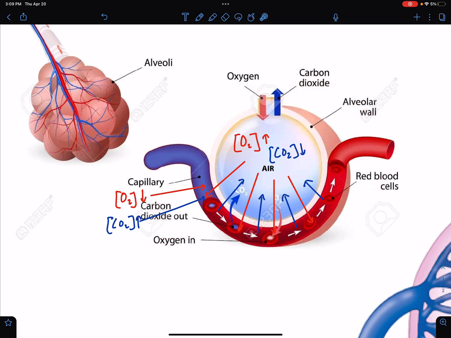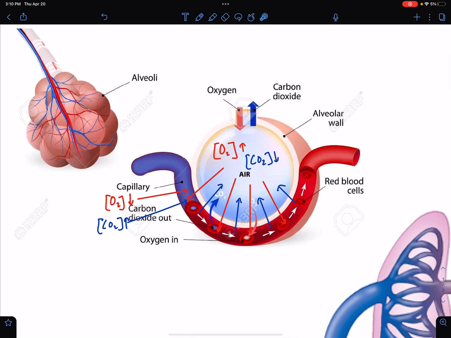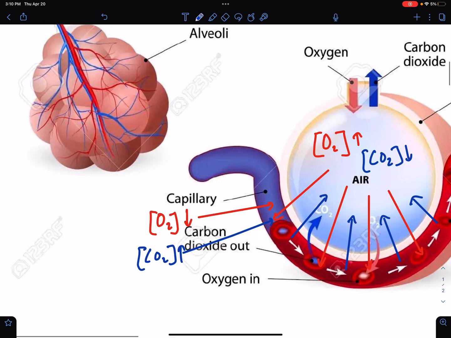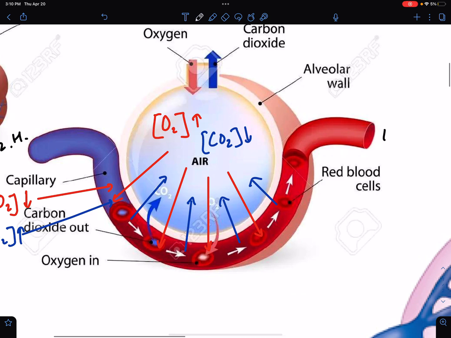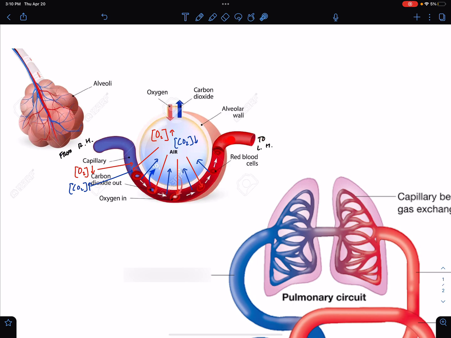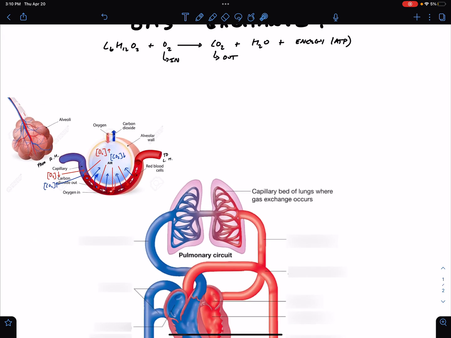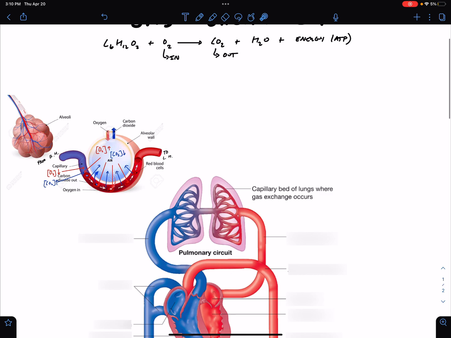These molecules move from an area of high concentration to low, and gas exchange happens. So when the blood leaves the capillary network of the lungs and goes back to the heart, so this is from right heart, and this is to left heart, now it is full of oxygen, and it doesn't have very much CO2 at all.